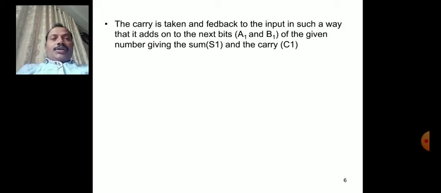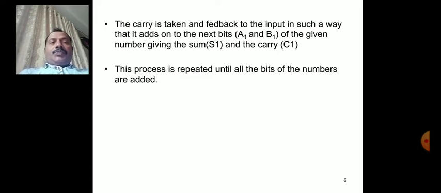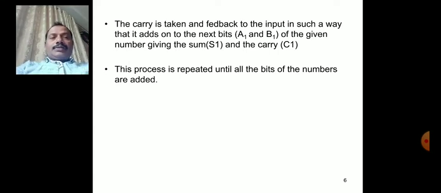The carry is fed back to the input so that it adds onto the next bits A1 and B1 of the given numbers, giving the sum S1 and the carry C1. This process is repeated until all the bits of the numbers are added.